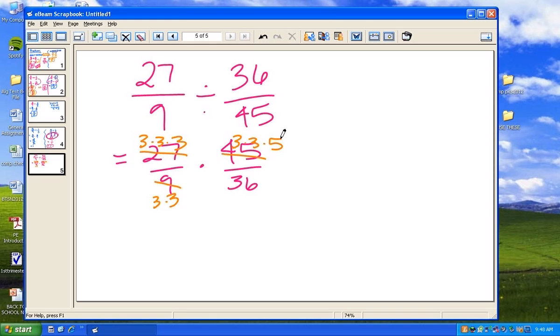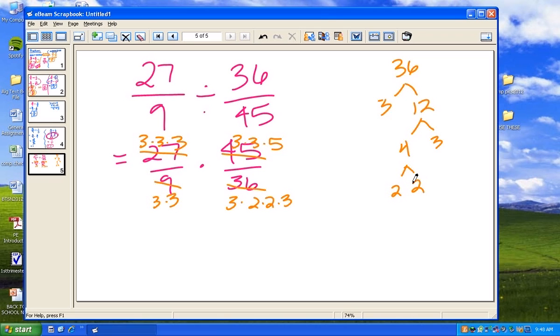Okay, or 9 times 5. What's 36? 36 is 3 times 12, and 12 is really 4 and 3, so that's 2, 2, and 3. And remember, if you can't do it in your head, break it down over here and do your prime charts.